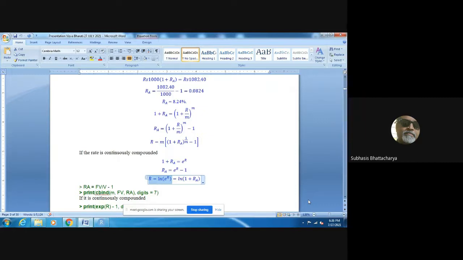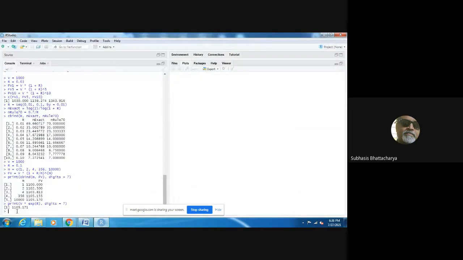So the effective annual rate associated with the investment in our earlier example, that is how it is associated. So we can consider RA. How to find the effective annual rate?